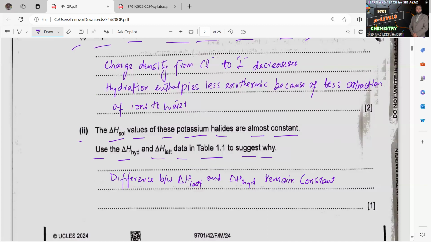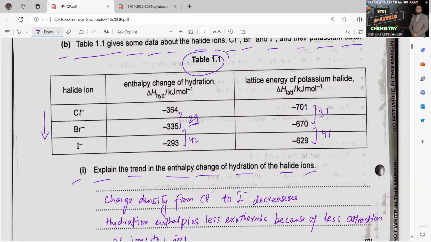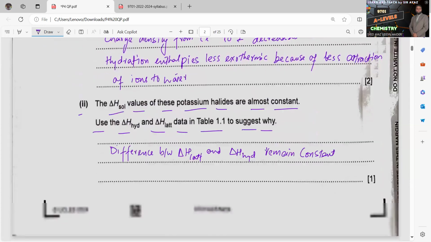Or they are becoming less exothermic by the same margin. You see, this is the margin, 29 for change of hydration between Cl minus and Br minus, and 31 for lattice energy between Cl minus and Br minus. Same scenario with Br minus and I minus: in case of enthalpy change of hydration, 42, and lattice energy for Br minus and I minus, 41. It's almost constant or the same.